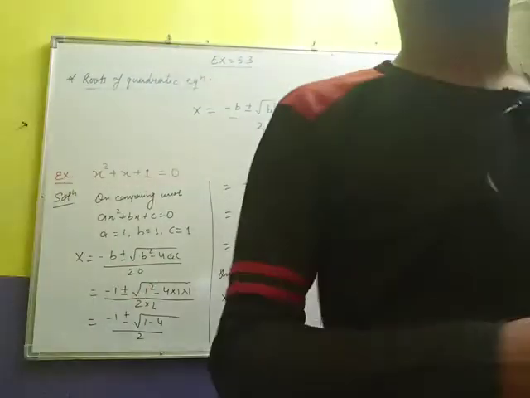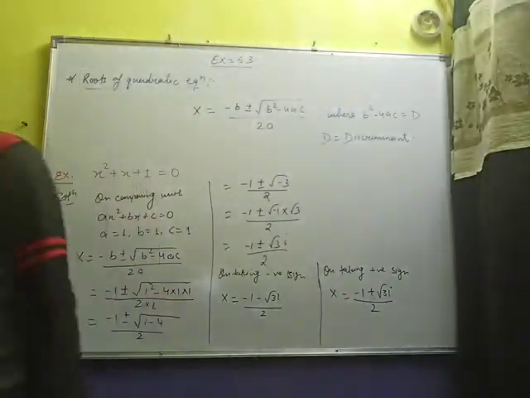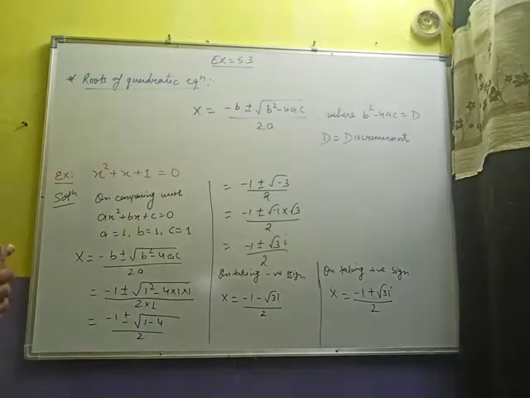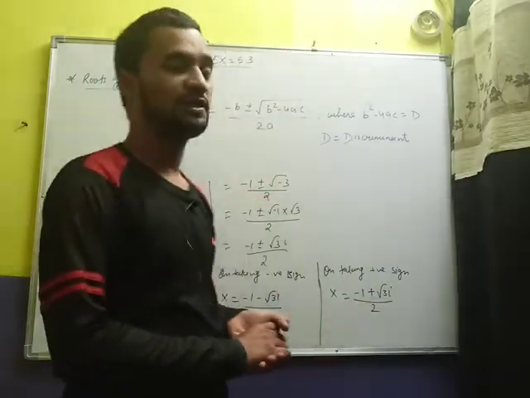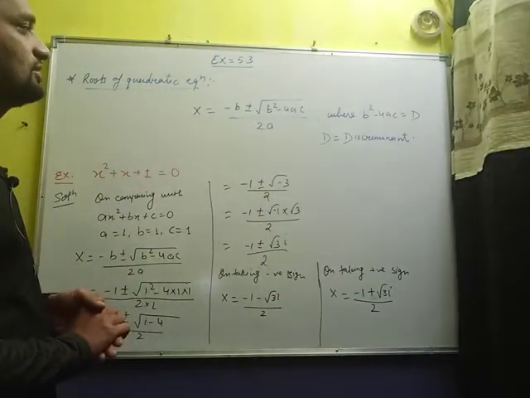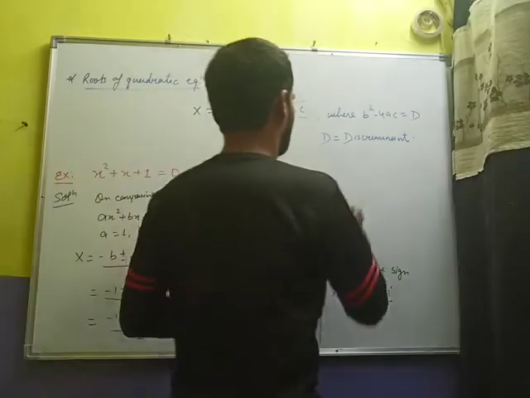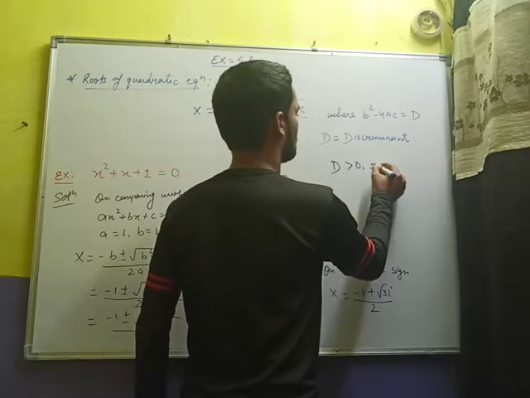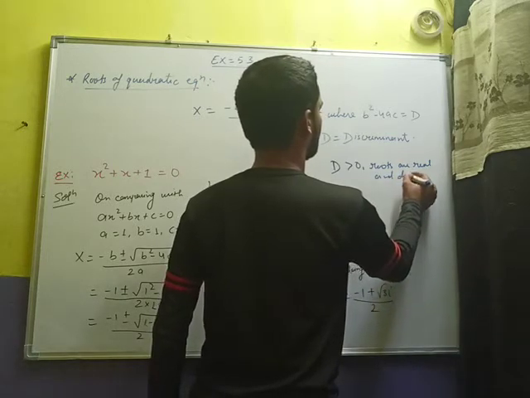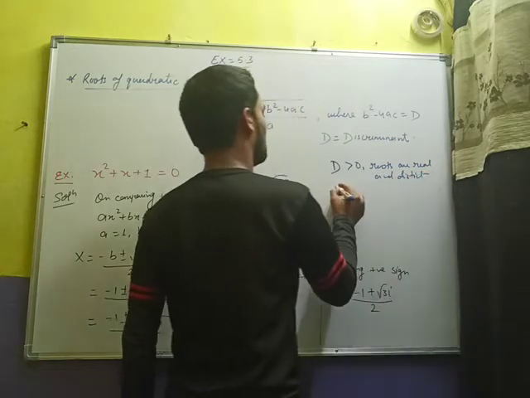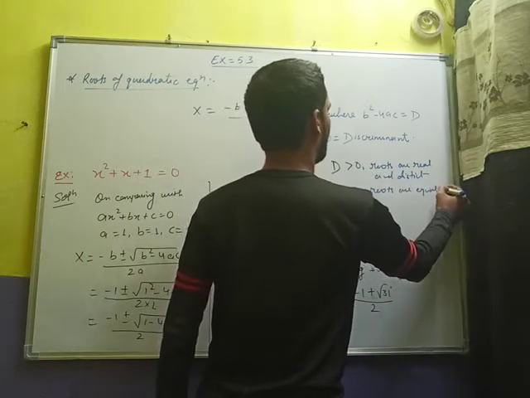So in exercise 5.3, I think 5 or 10 questions are there to find out the roots of the quadratic equation. In every question you will be getting negative numbers, or you can say the discriminant is negative. In previous classes we had studied three conditions regarding this discriminant. If discriminant is greater than 0, then roots are real and distinct, and if D is equal to 0, roots are equal and real.